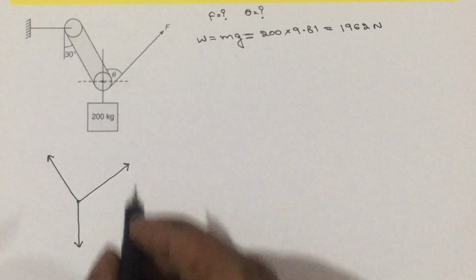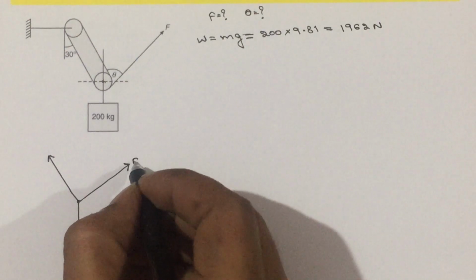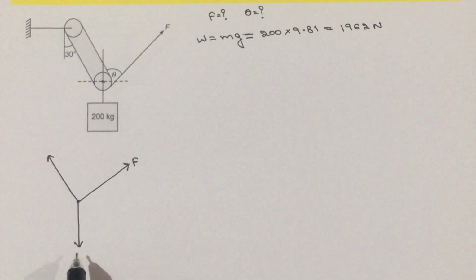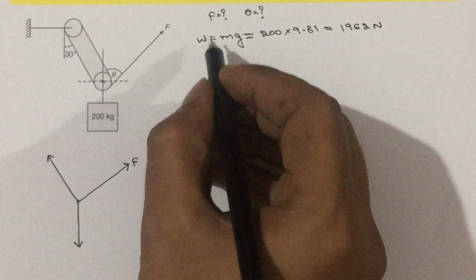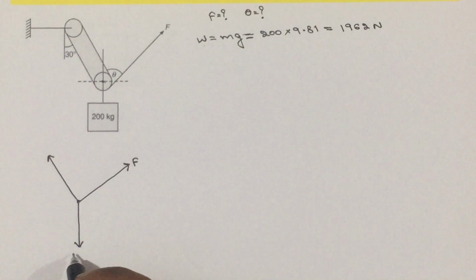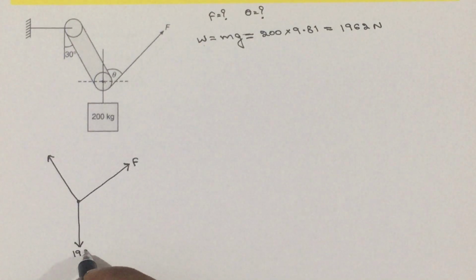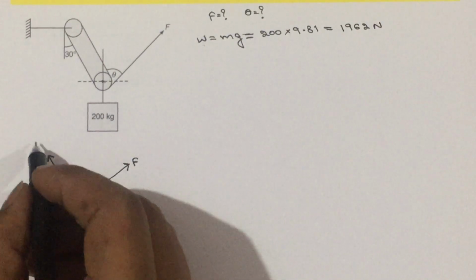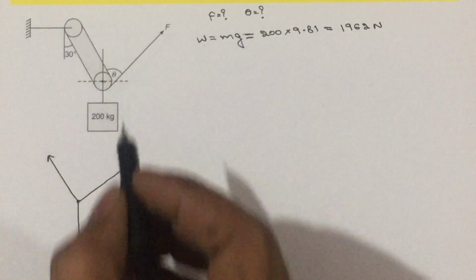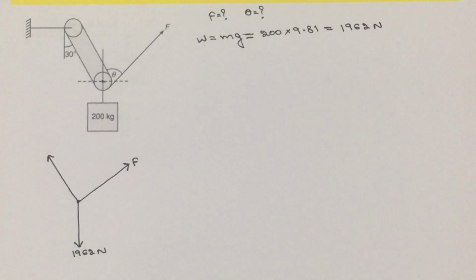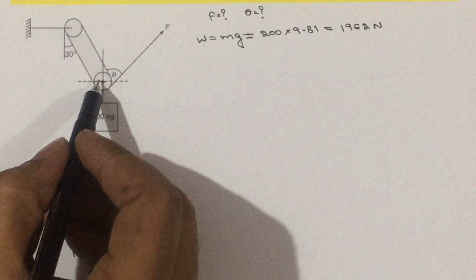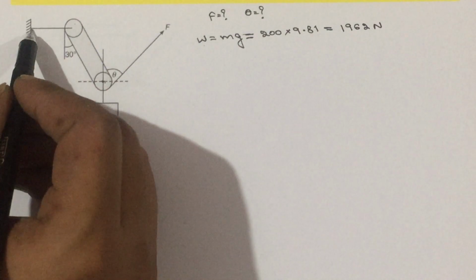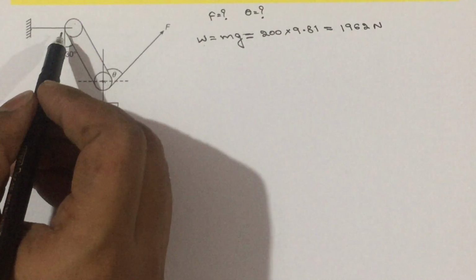Then magnitude. Here the magnitude is F, and here the mass is 200 kg. If we convert it into weight, it comes around 1962 Newton. Then this member will be subjected to tension, and this member is connected to this particular member by rope and pulley arrangement.